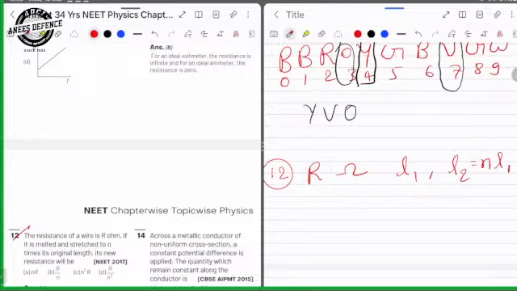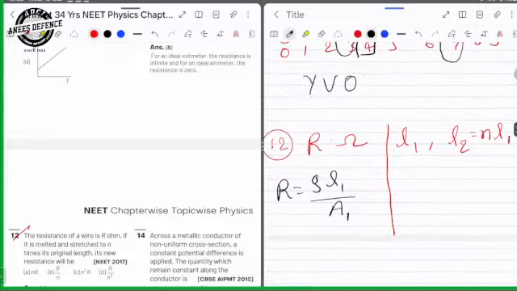N times L1. Yes or no? The question says the resistance of wire is R ohm, and it is melted and stretched to n times its original length. So according to first data, R is nothing but what? Rho L1 upon area A1. Initial area A1. Yes or no?